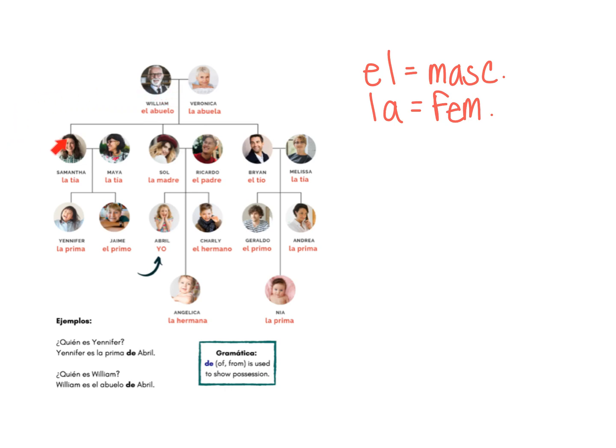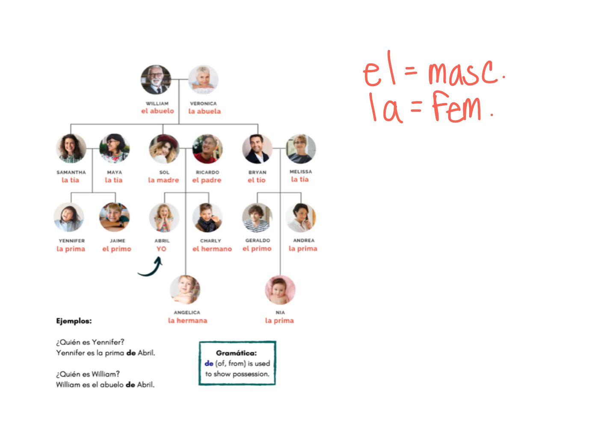And then on the same level as her parents, we have her aunts and uncles. So el tío is going to be an uncle, and la tía is going to be an aunt. And then the children of her aunt and uncle, el primo or la prima, and on the other side also, la prima, el primo, these are going to be her cousins.